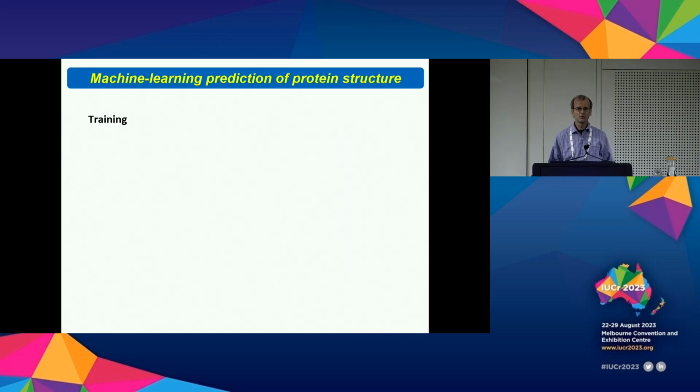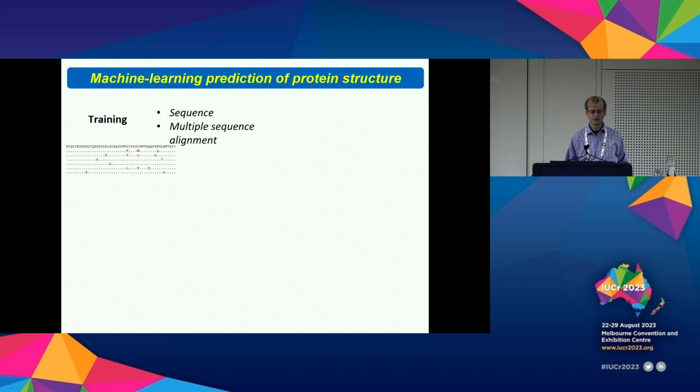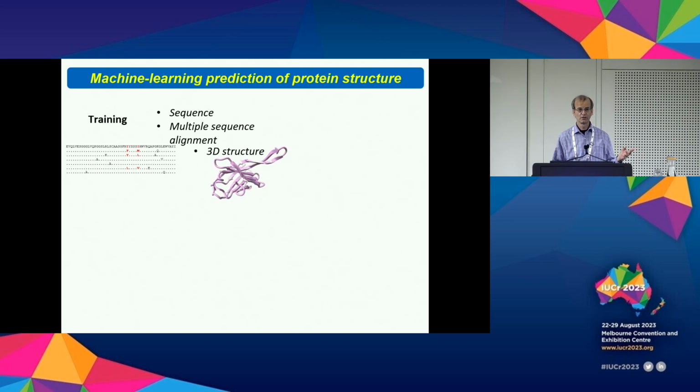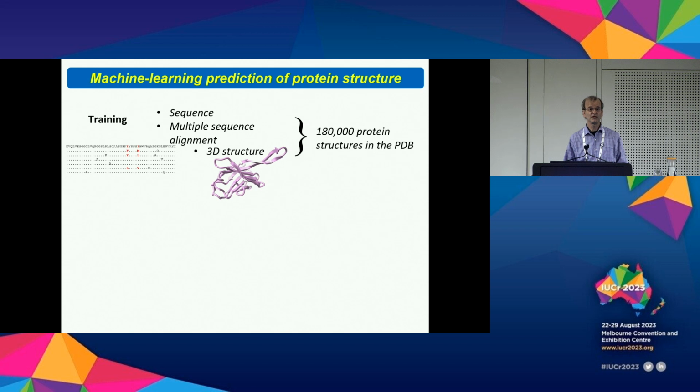So let's talk for a moment about the information that goes into the training and application of a procedure like AlphaFold. So training, what goes in? Sequence for each structure, a multiple sequence alignment for each structure, and a three-dimensional structure coming from the Protein Data Bank. 180,000 protein structures in the PDB.